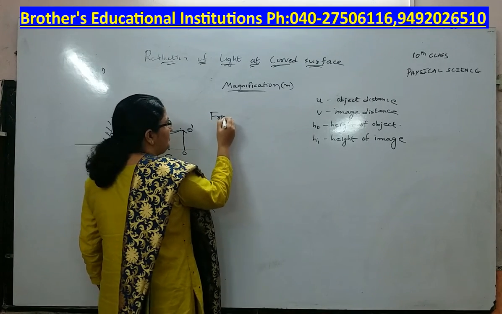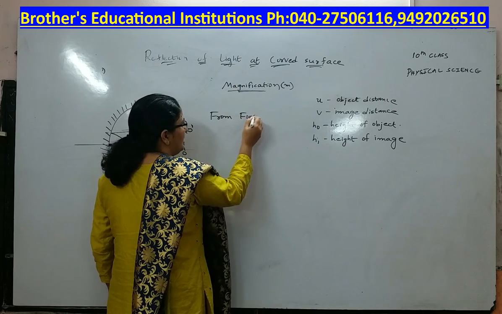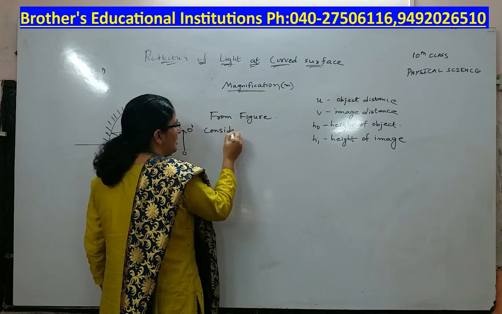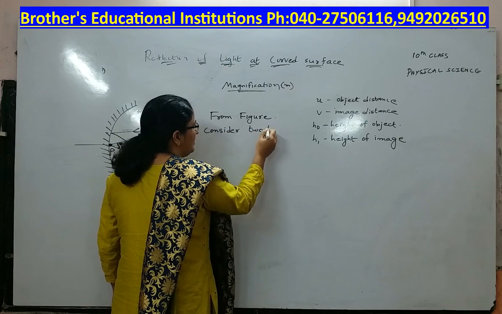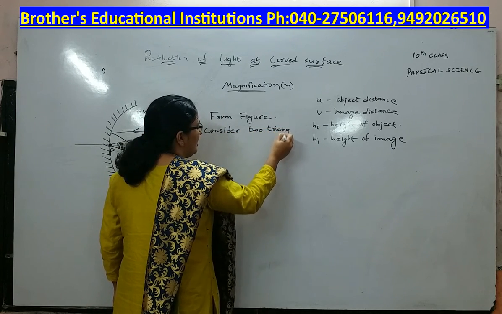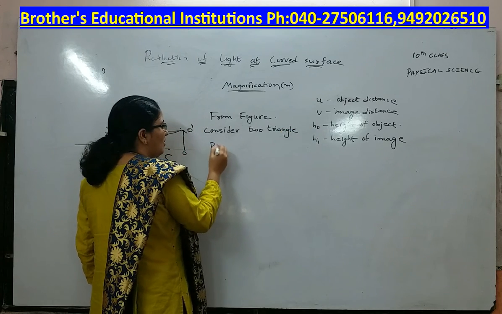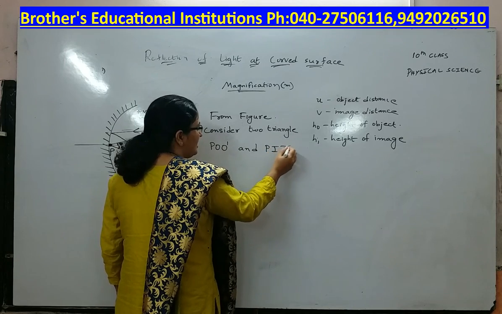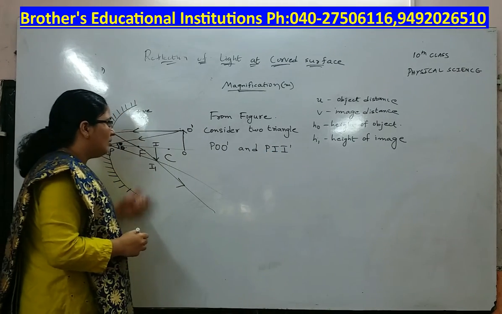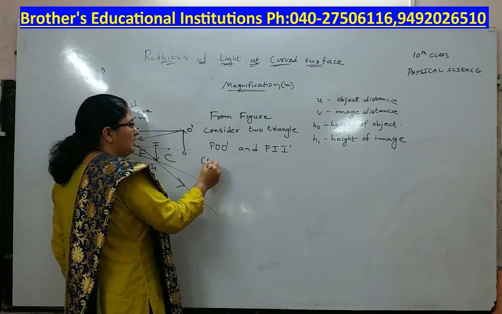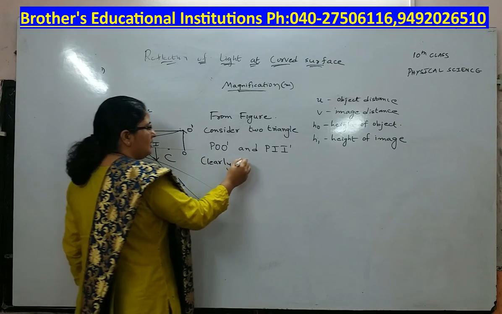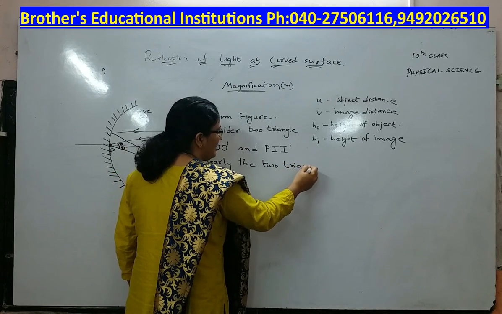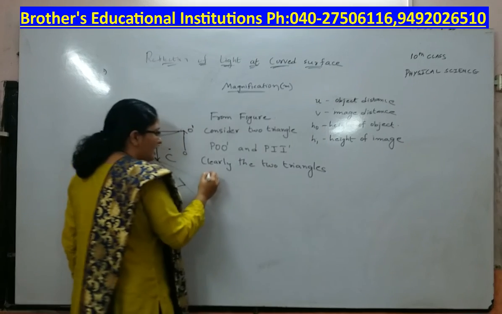From the figure, consider the two triangles POO dash and PII dash. Clearly, the two triangles are similar.